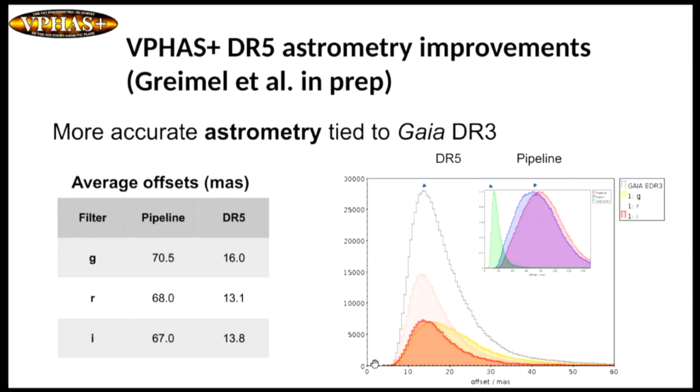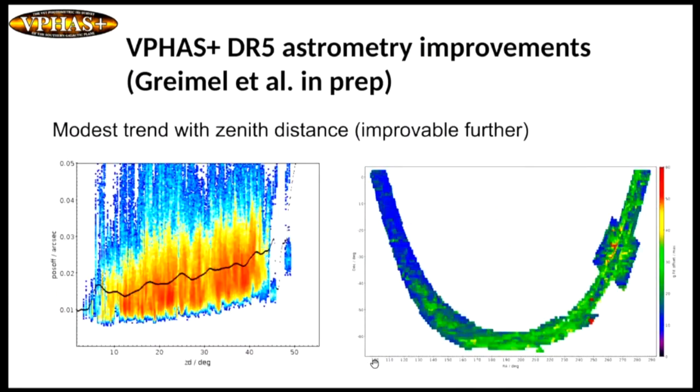But if the astrometric solution is directly done by using the Gaia reference frame, there is a very significant improvement that here in this larger panel is highlighted for the different bands G, R, and I. And you can see that this RMS in milliarcseconds is much smaller compared to the original one.